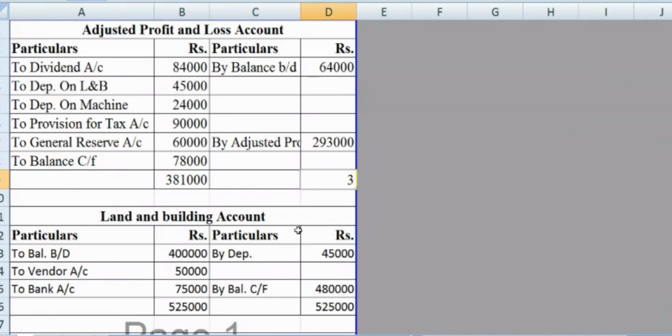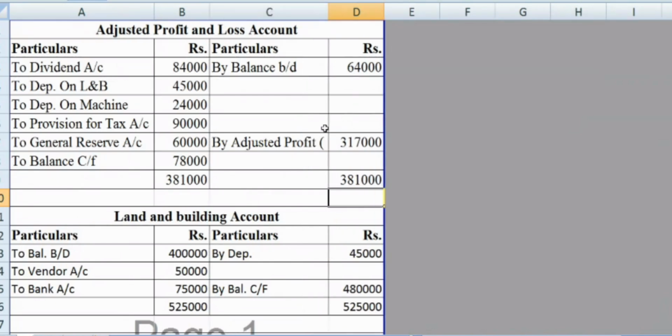And if you put the 3,81,000 here, then your answer is 3,17,000. Now it is correct? Yes sir. Very nice. So this is your adjusted profit and loss account.